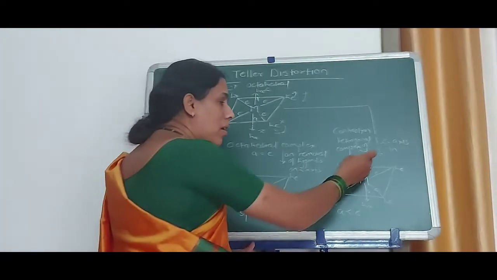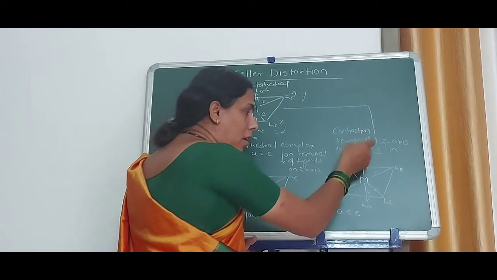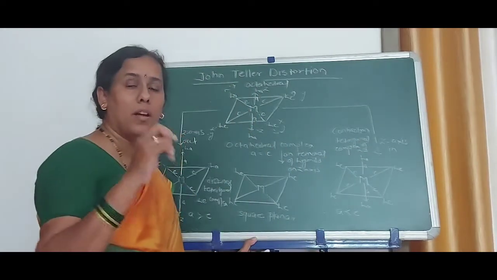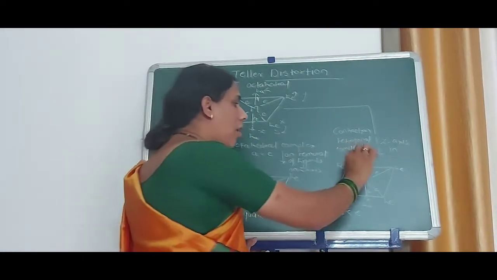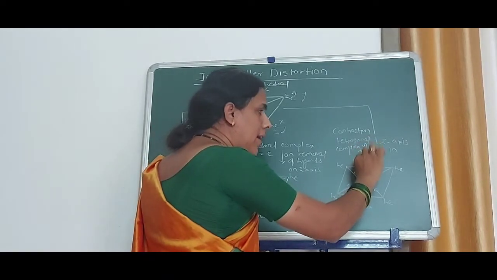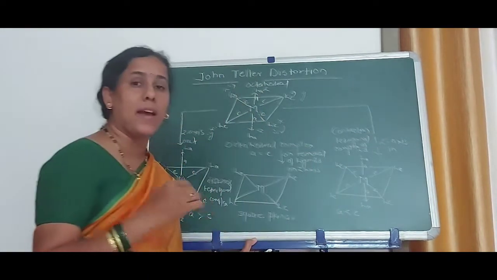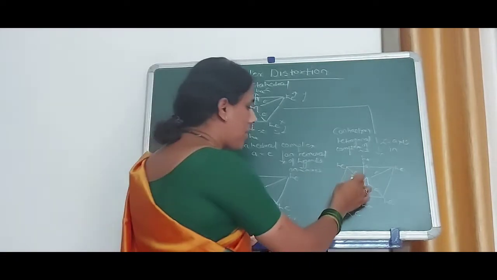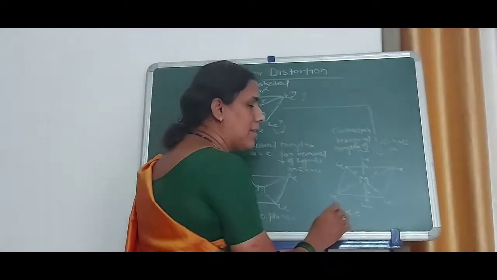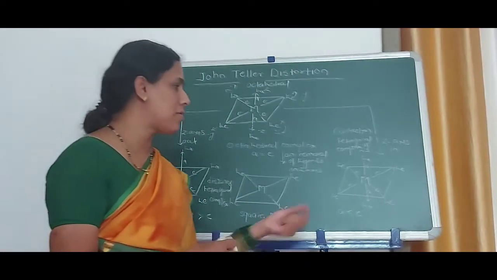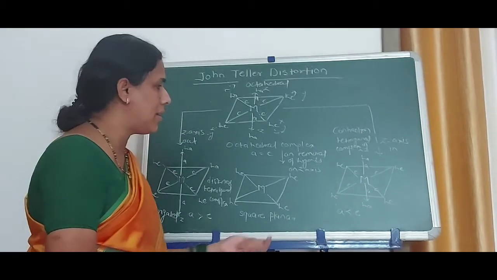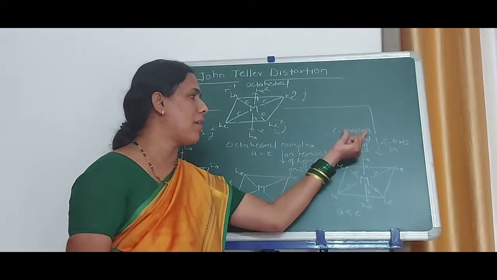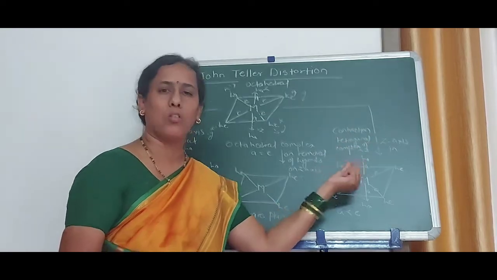On shortening the distance of the ligands situated axially on the Z axis, the axial bond length is less than that of the equatorial ligands, and there is formation of a contracted tetragonal complex.